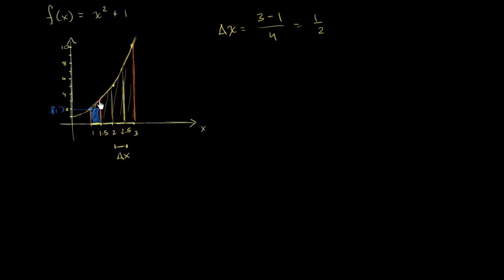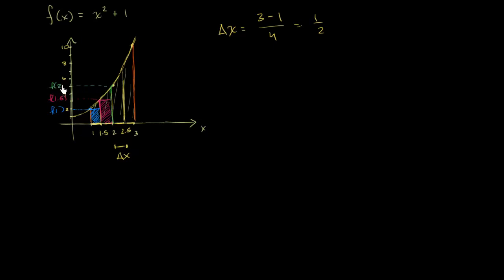Then we go over here, the left boundary of the second rectangle. We're now looking at the function evaluated at 1.5. So that is f of 1.5. That's the height. And so we get our second rectangle. For the third rectangle, we have the function evaluated at 2, so that's right over here.